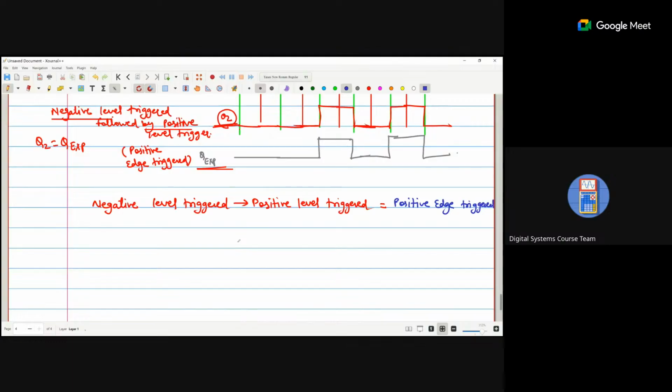And the opposite of that one is positive level triggered followed by negative level triggered is equal to negative edge triggered.